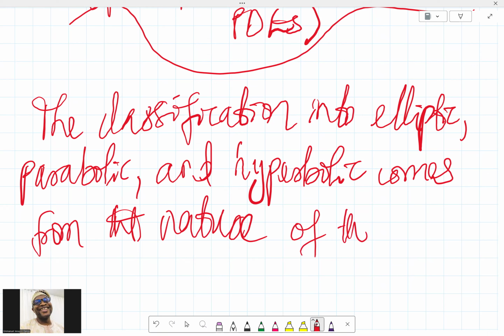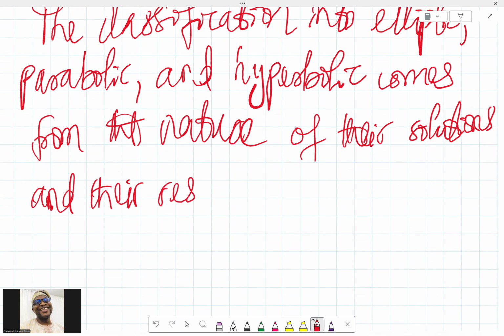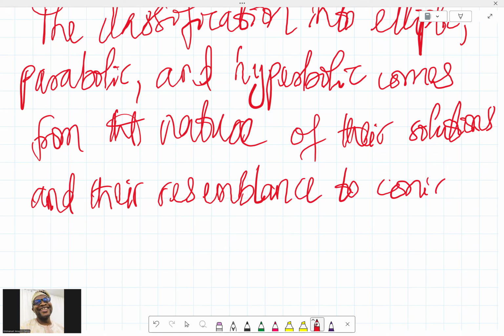They are all of these things because of the nature of their solutions and their resemblance to conic sections.